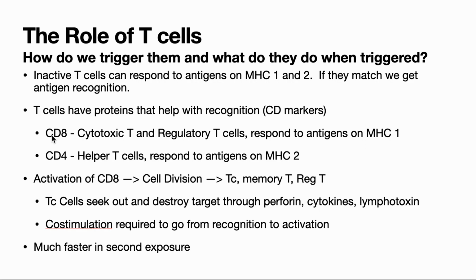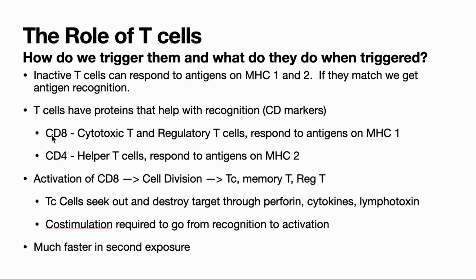As a result of that activation, that cytotoxic T cell will undergo mitosis a lot of times and produce a whole bunch more cytotoxic T cells that will go target that particular antigen. But it will also create a whole bunch of memory T cells for the future that can target that antigen. And then also it creates some regulatory T cells. We don't focus a lot on those, but their job is to keep this whole business from getting out of control. After all, once we deal with this antigen, we want to shut this whole process down.